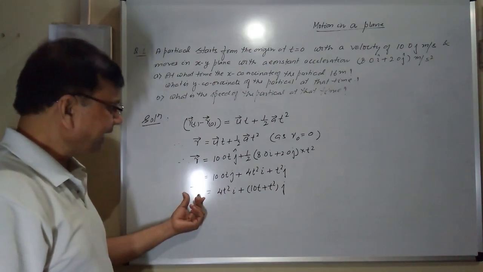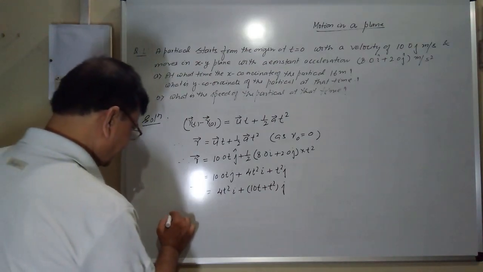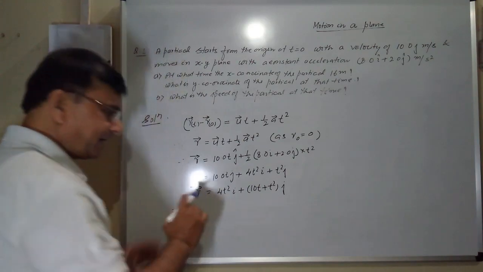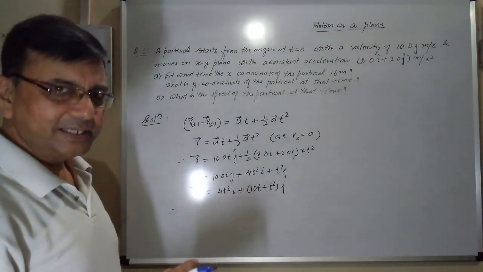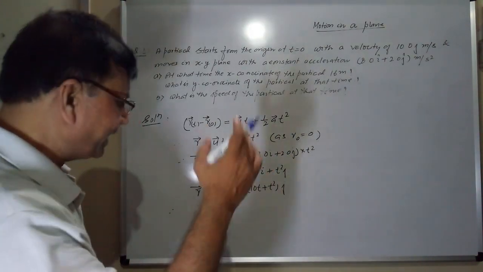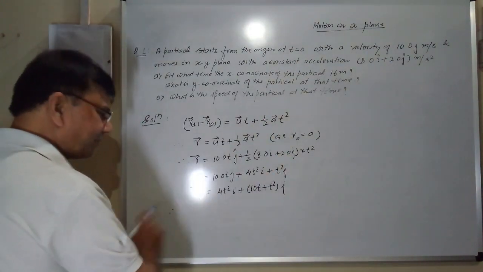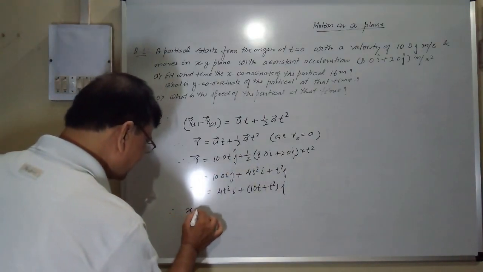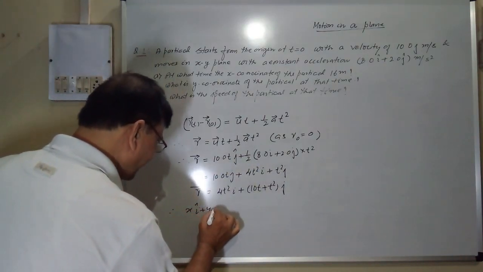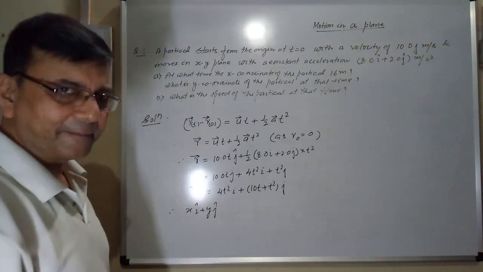This r can be written as, therefore in Cartesian form, if x and y are the displacements along x-axis and y-axis, so in terms of i and j, this can be written as xi plus yj. This we have already done, right?